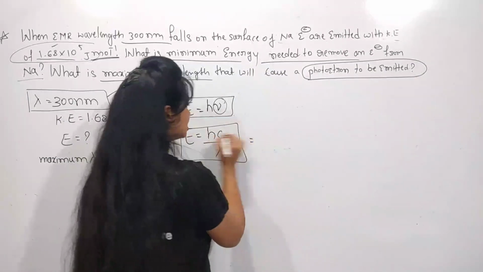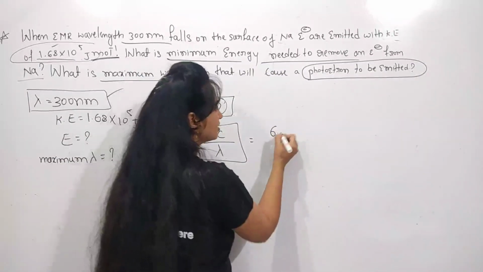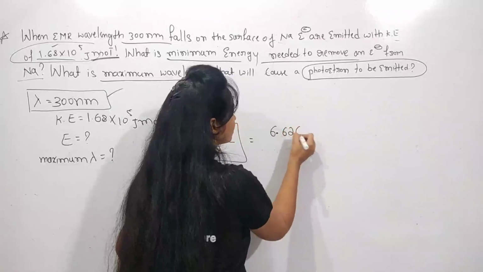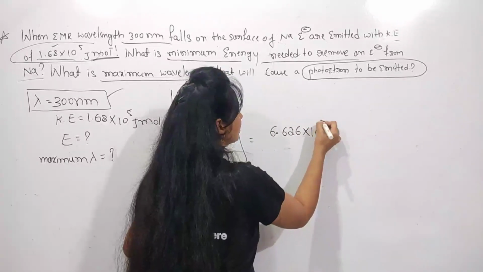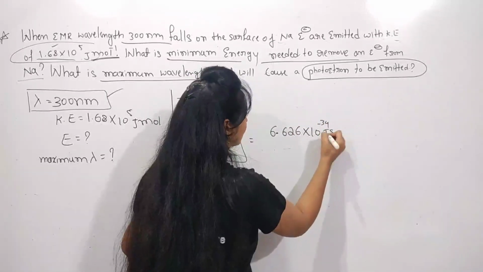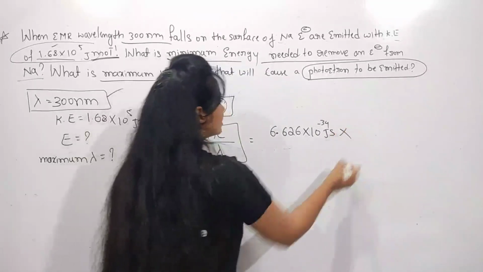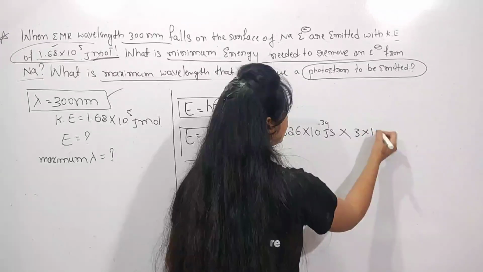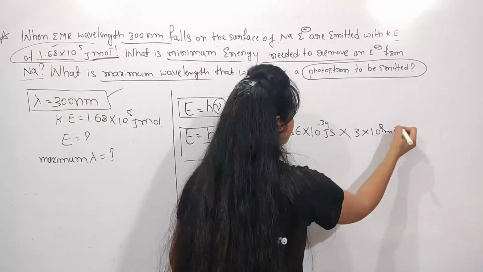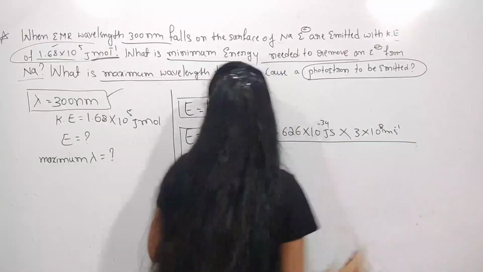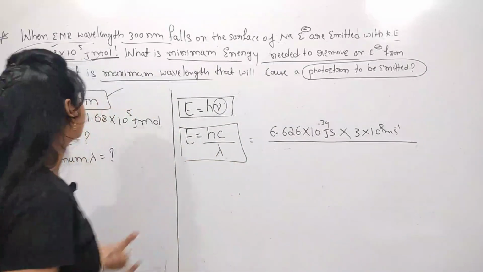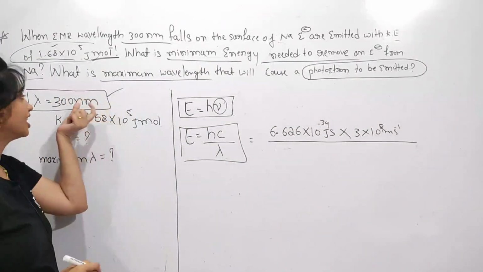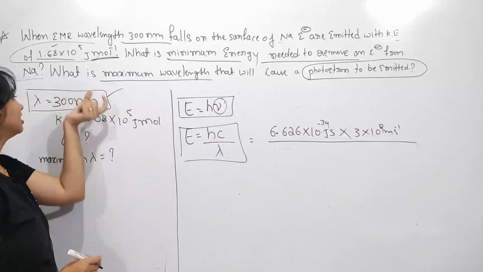So see here, h means the Planck's constant. The value is 6.626 into 10 raised to minus 34 joule second. Into c, the speed of light, 3 into 10 raised to 8 meter per second, divided by lambda, which they have given to us, 300 nanometer. Nano means 10 raised to minus 9 meter.